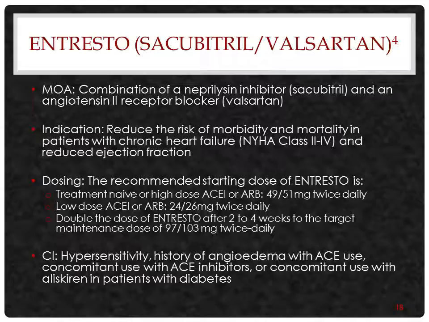Dosing is based off of whether they are treatment naive or depending on the previous ACE and ARB dose. In patients who are treatment naive, or if they were previously on a high-dose ACE inhibitor or an ARB, patients should be initiated on the 49/51 milligram twice-daily dose.